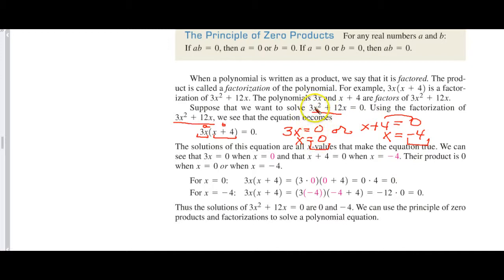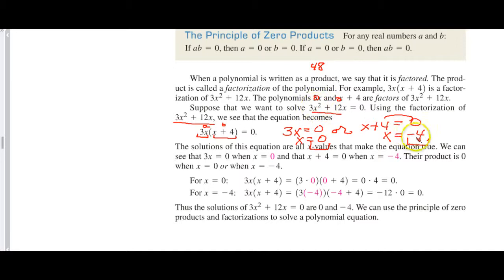Well, if it's 0, 0 squared is 0, 3 times 0 is 0, and then 12 times 0 is 0. So this one works. Now, if it's a negative 4, well, negative 4 squared is a positive 16. Positive 16 times 3 is 48.